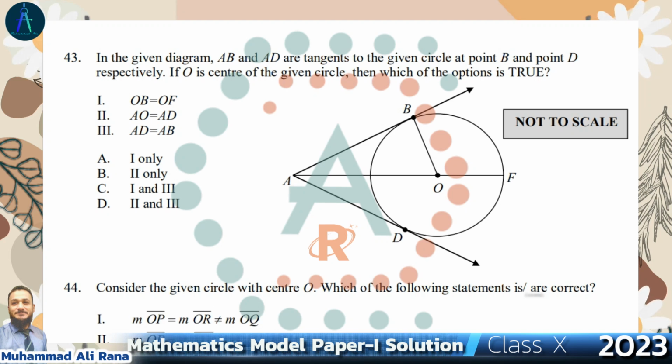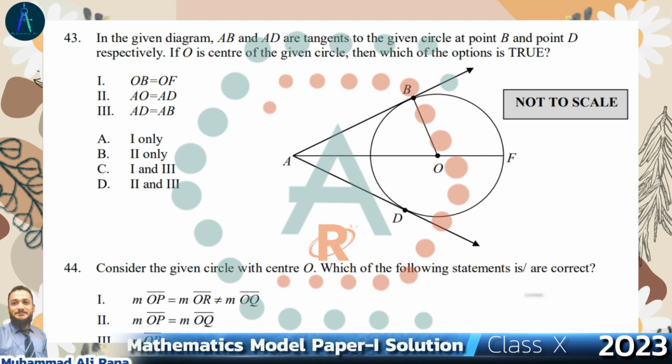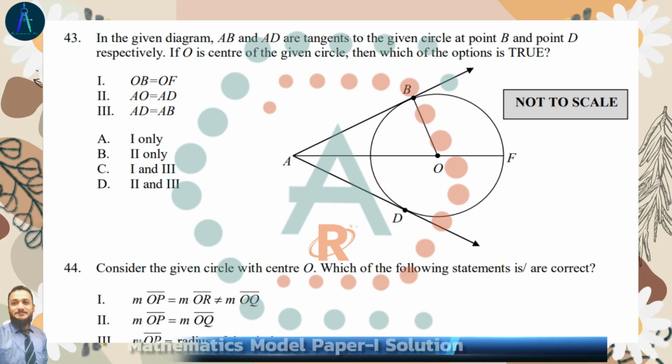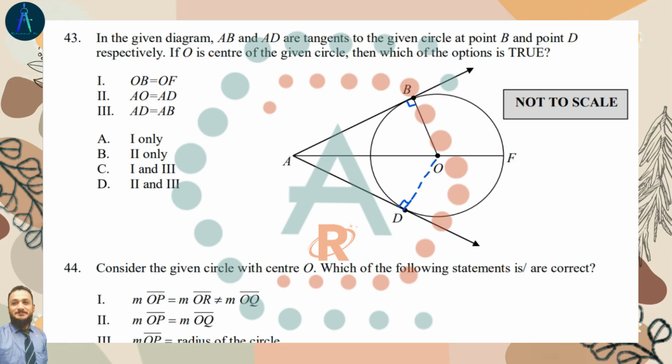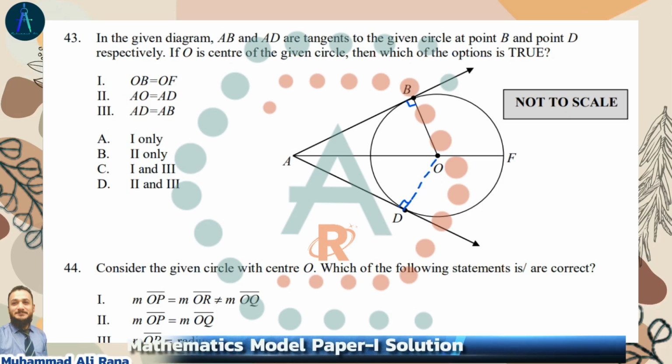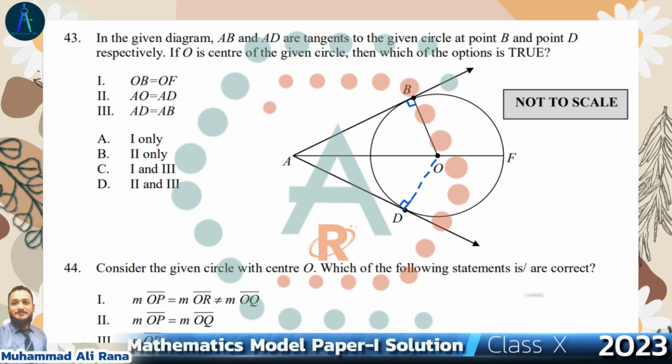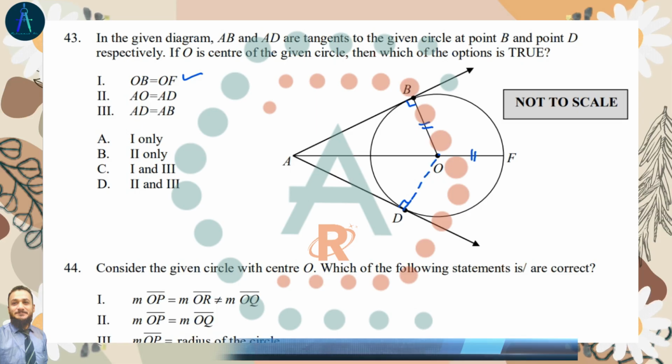In the given diagram, AB and AD are tangents. If these two are tangents, that means the angle with the radial segment will form 90 degrees. B and D are the points, O is the center, then which of the options is true? OB equals OD. OB and OD are equal because these two are radii.